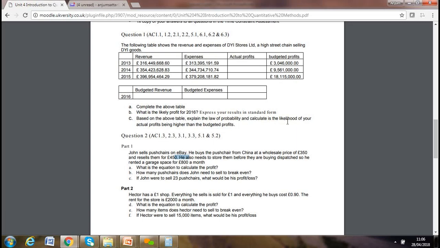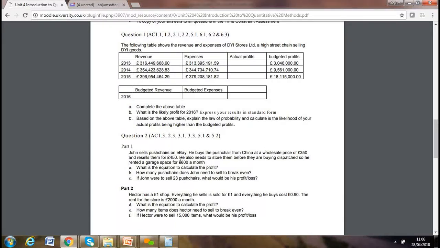So we know the variable cost per unit is 350 and the reselling price is 450. So 450 minus 350 is £100, and the fixed cost is £800. So 800 divided by 100, or 100 divided by 800? 800 is a fixed cost, the rent, because rent is a fixed cost.